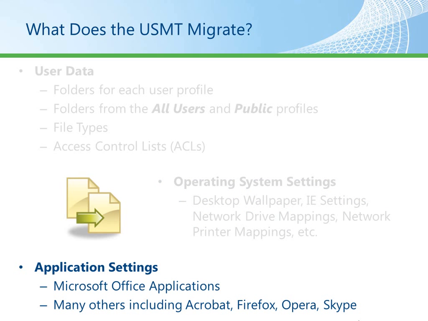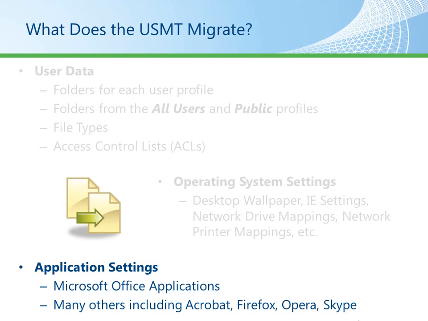Application settings: obviously Microsoft Office applications get migrated, and there's a slew of other applications that get migrated. I've got a couple of samples up there, Acrobat, Firefox, etc. If you open up the mig.xml file, you can see all the applications that are already pre-configured in that XML file.